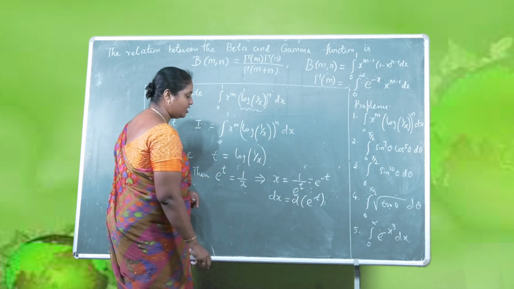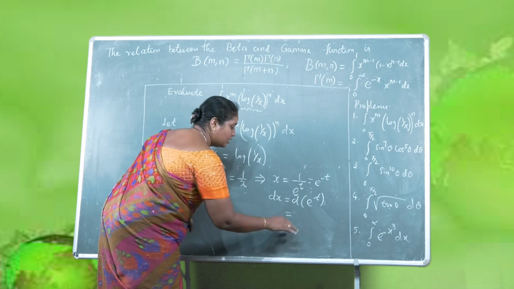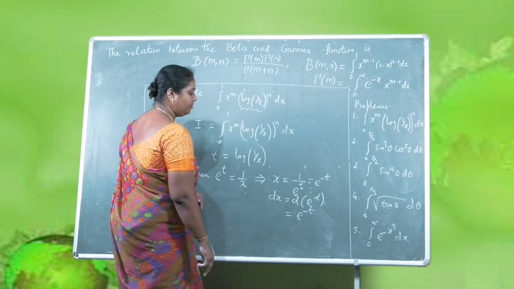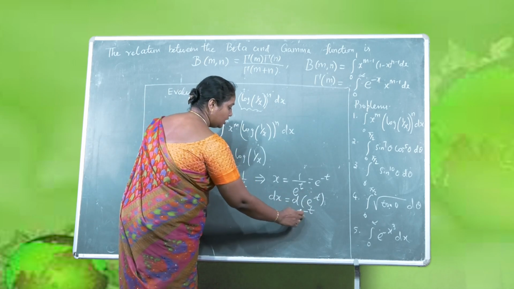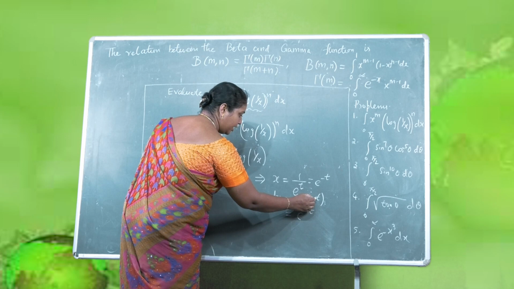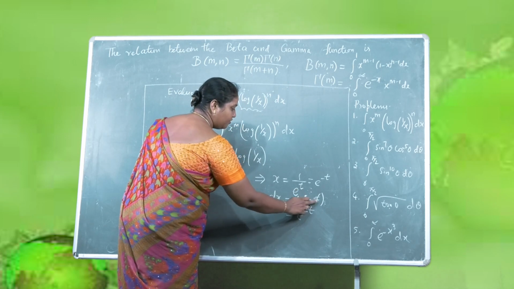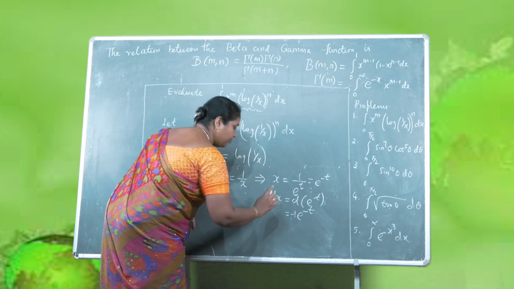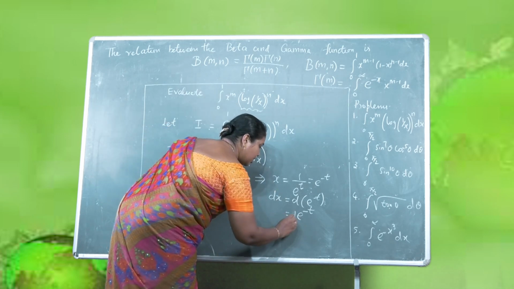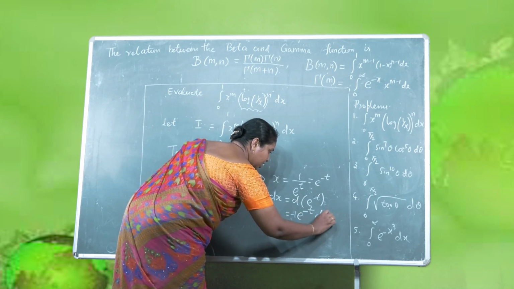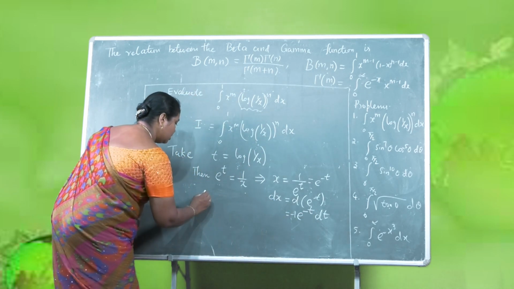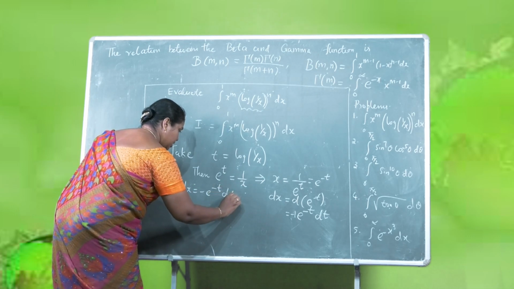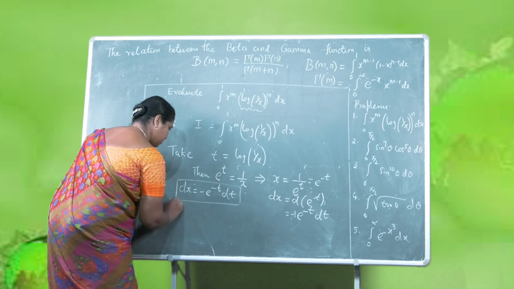The exponential gives the same derivative, but we must take care of the coefficient of the variable t, which is minus 1. So dx is nothing but minus e power minus t dt.